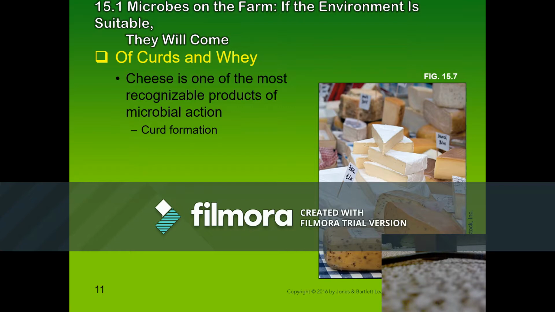One of the first things that will happen is the solids will turn into the curd, and then after we treat the curd, we can ripen it by adding other microbes, and each different kind of cheese has a certain kind of ripening that is transforming the curd.